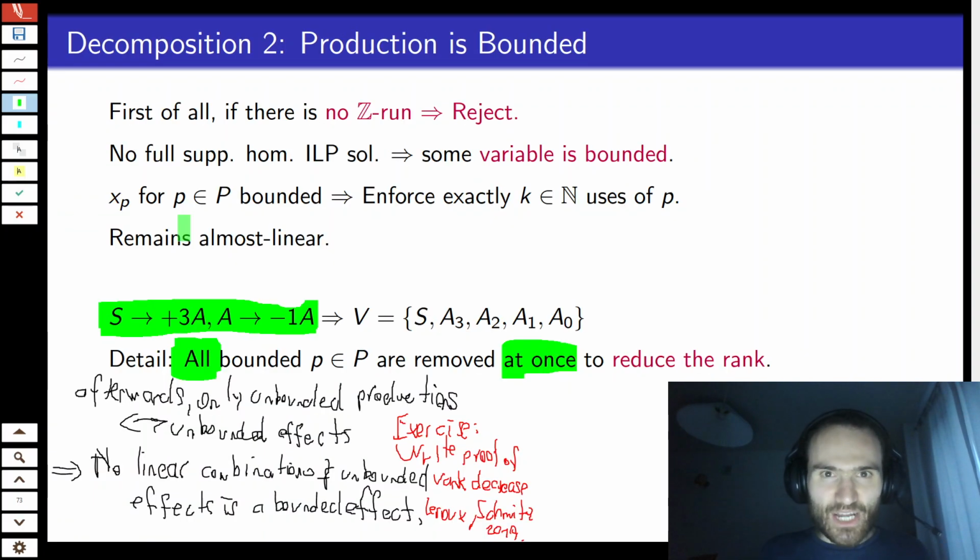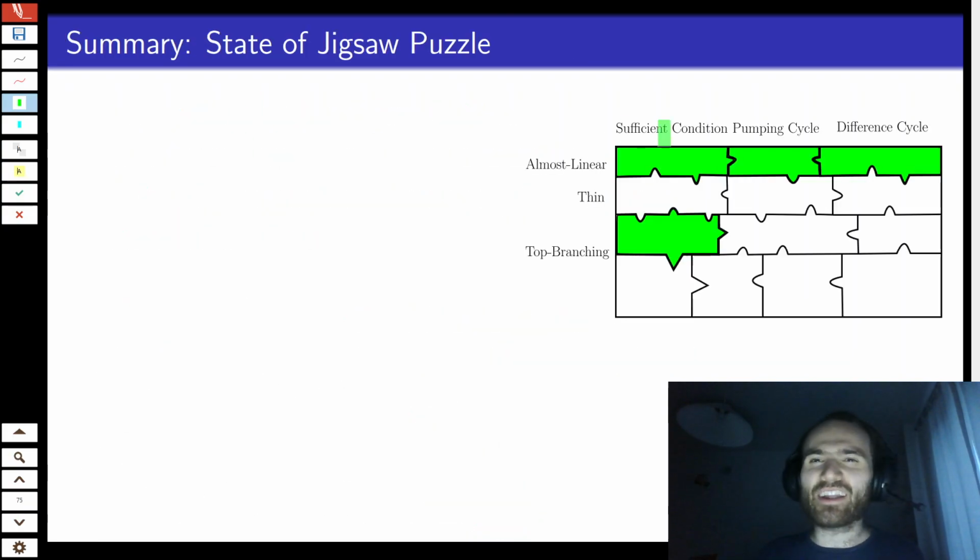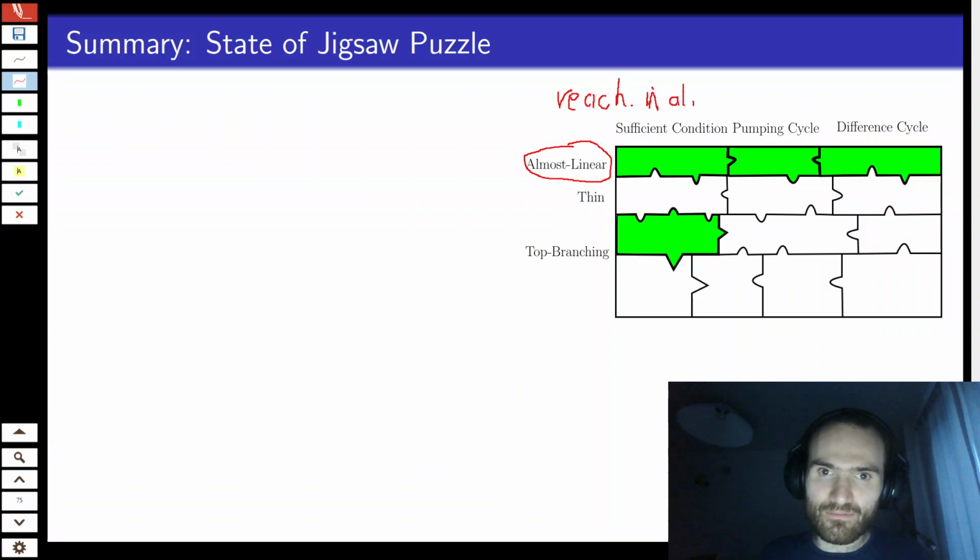Okay, so now this is the whole combination. In total, we have now actually shown that reachability in almost linear GVAS is in Ackermann. Specifically, we have shown F_{2d} plus something.